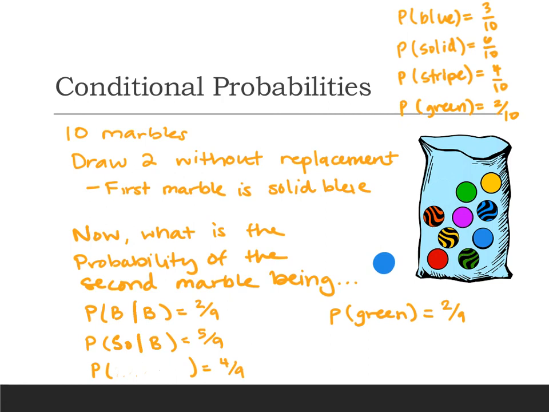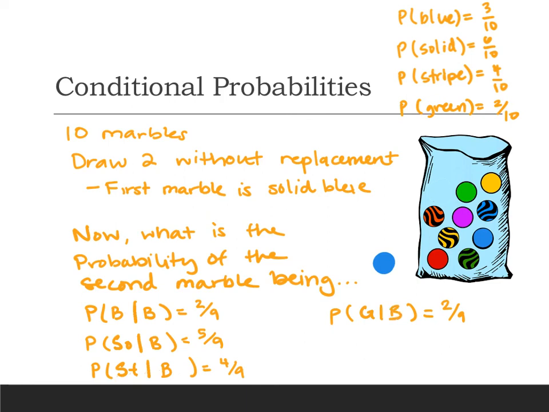What's the probability of me getting a stripe given I drew a blue? And then one more change: instead of green, we will say G given B.